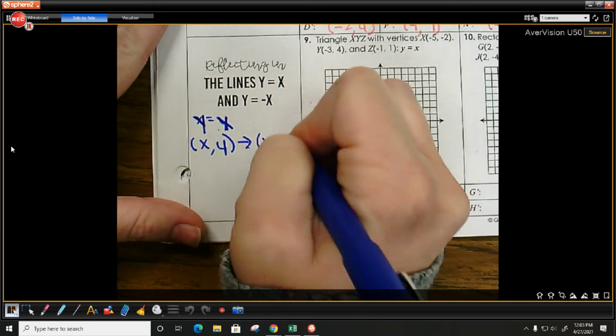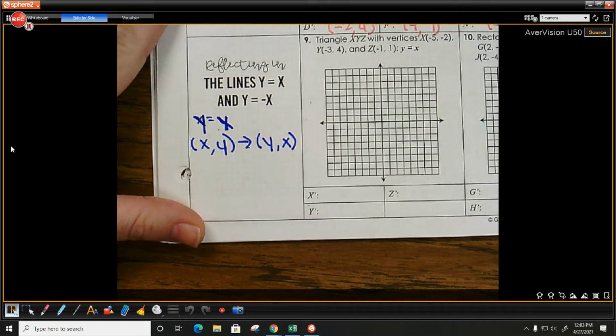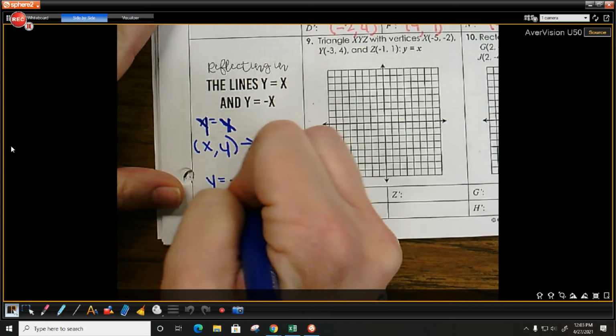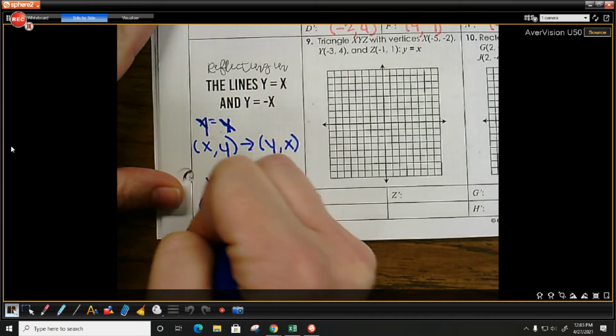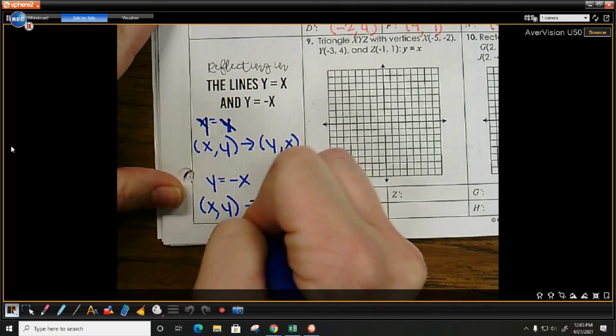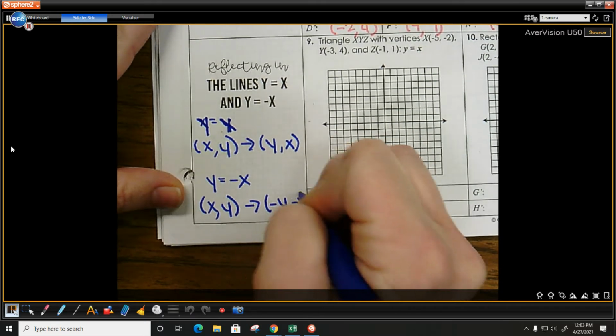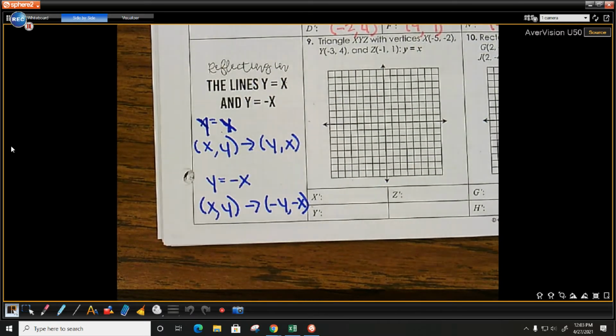You're literally just flip-flopping the x and the y values. Then for my y equals negative x, my x, y is going to become negative y, negative x. Good?